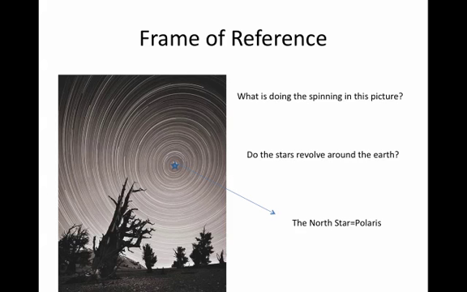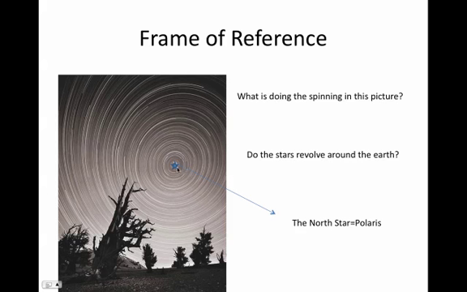Years ago, as cameras started to develop, people used to think that the sky was spinning and that the stars revolved around the Earth. If you see this time-lapse photography picture, you see that these swirls indicate that maybe we were at the center and everything else spun around us.